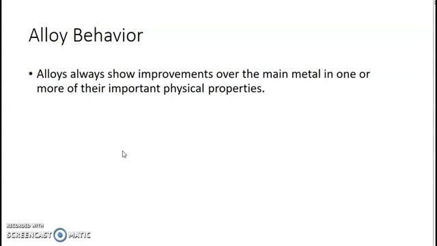So steel is iron plus carbon. The disadvantage of iron is rusting, and by adding carbon we can overcome this demerit. The main motto of alloying is to enhance the physical property of the base metal for use in various applications.